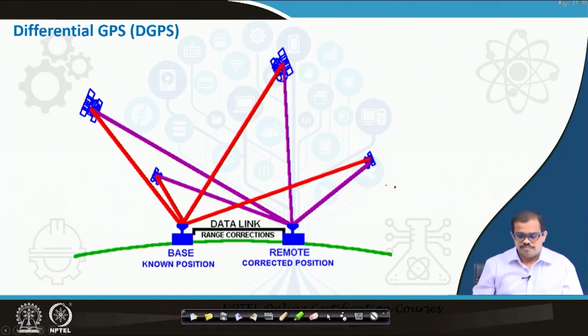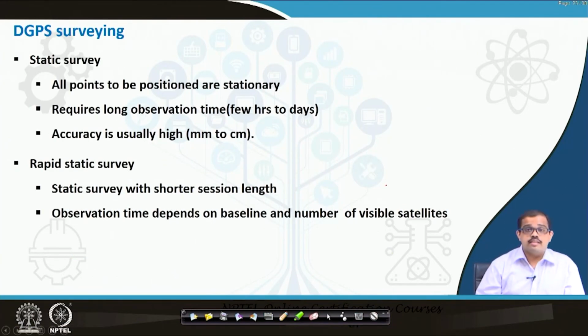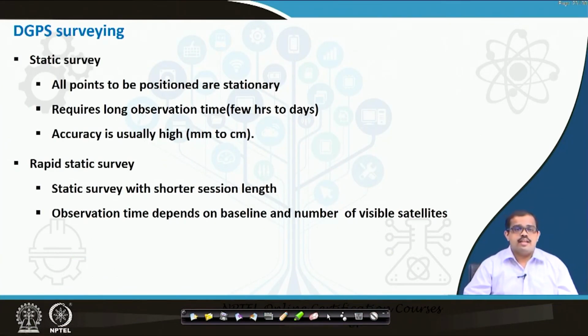So, when we look at DGPS surveying, there are two basic kinds of surveys. One is a static survey and another one is a rapid static survey. When I say a static survey, all points to be positioned are stationary, always stationary.